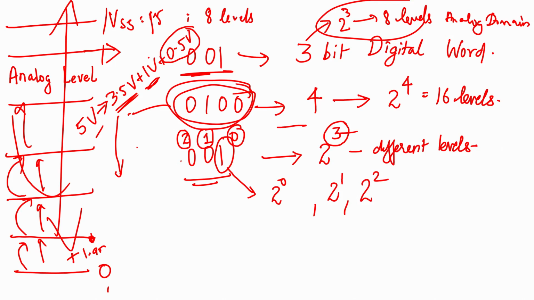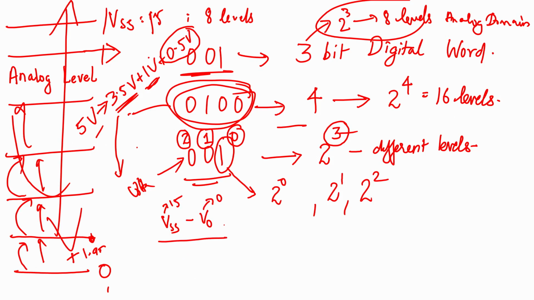In order to get the voltage level that it corresponds to, what we have to do is, how did we come from the analog domain to the digital domain? We had a supply voltage, let us say VSS minus V0, which was 15 and 0 volt before, and we divided it into 3 bits.